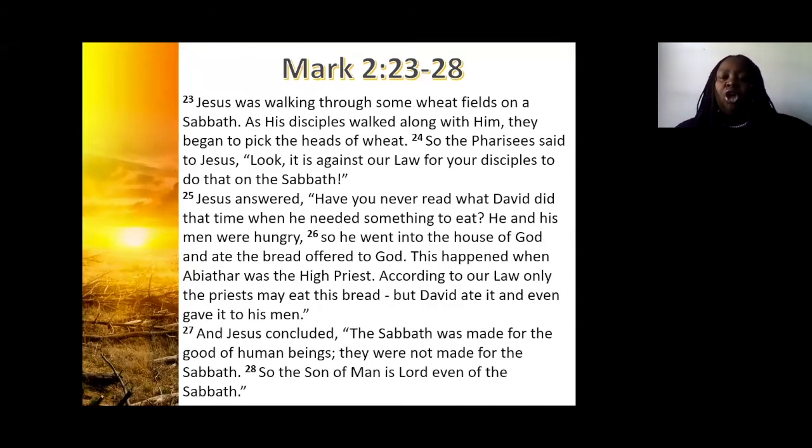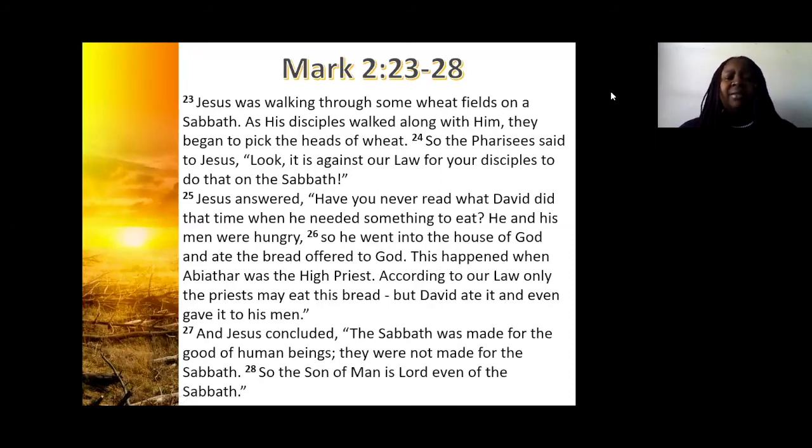And we're reading together. Jesus was walking through some wheat fields on the Sabbath. As his disciples walked along with him, they began to pick the heads of wheat. So the Pharisees said to Jesus, "Look, it is against our law for your disciples to do that on the Sabbath."